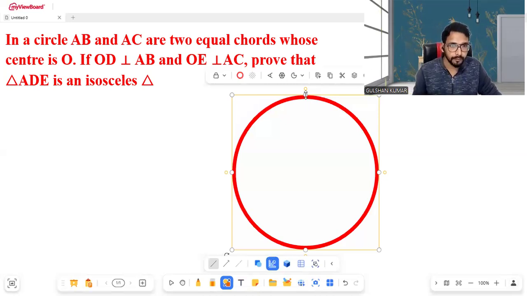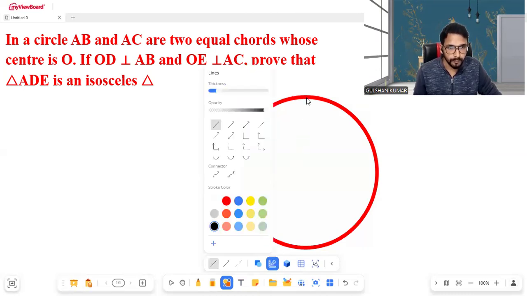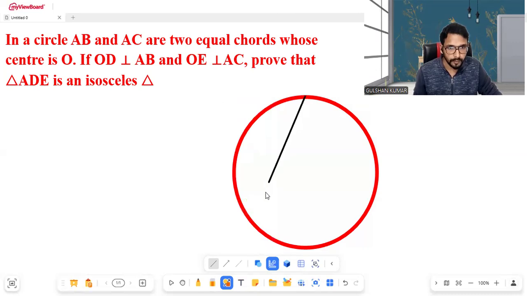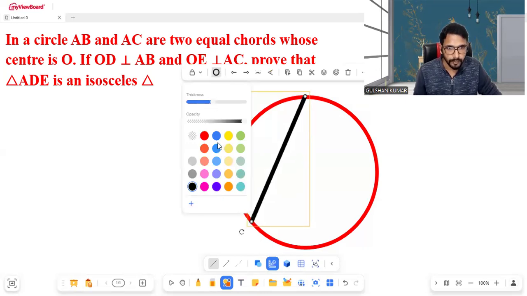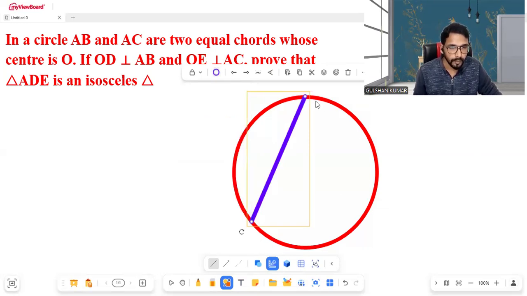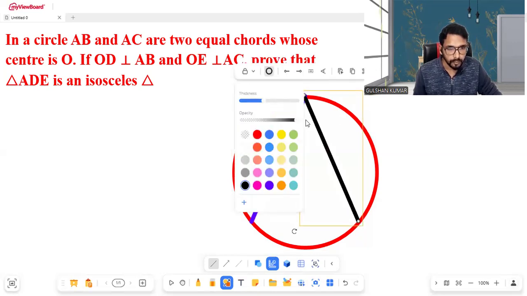So making a chord here, and another one from here to here.